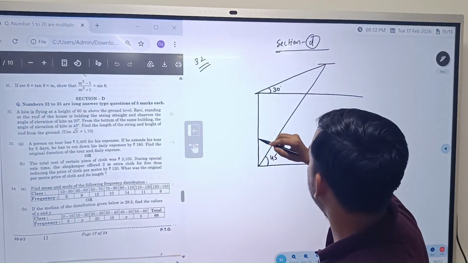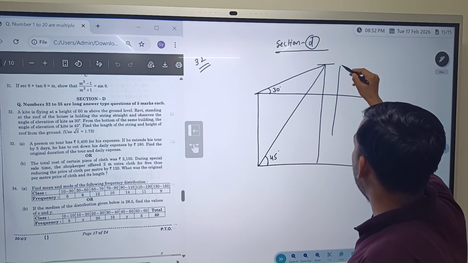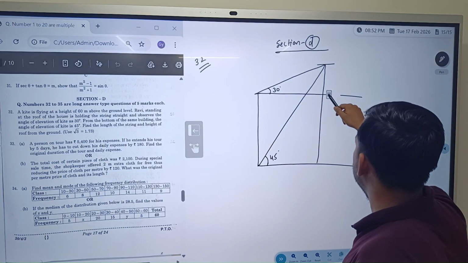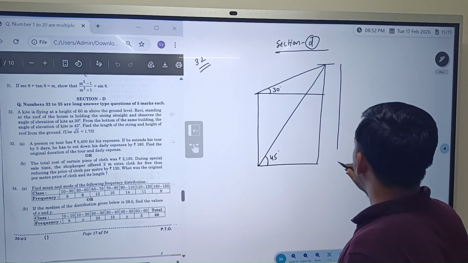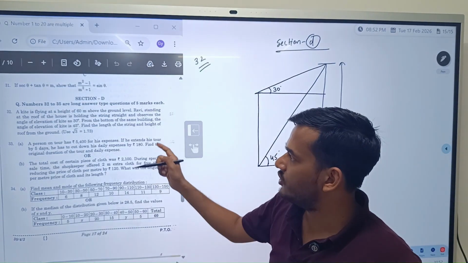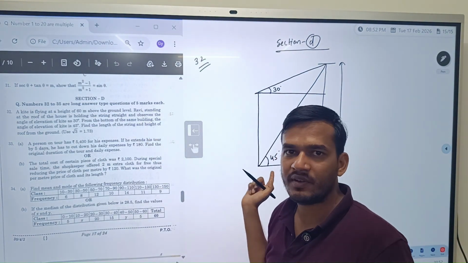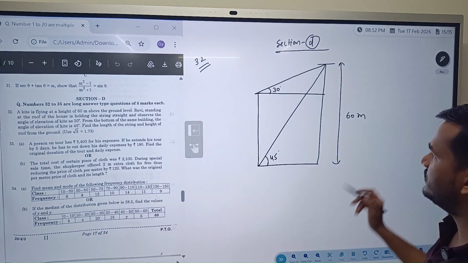Find the length of the string and the total height of the kite. Total height of the kite from the horizontal is 60 meters, that is from the ground level basically.